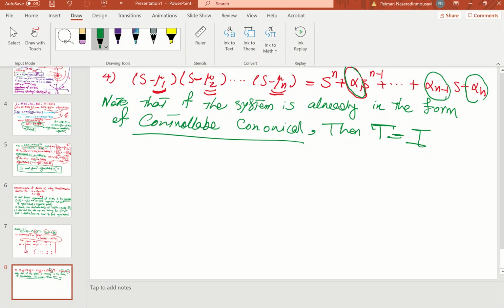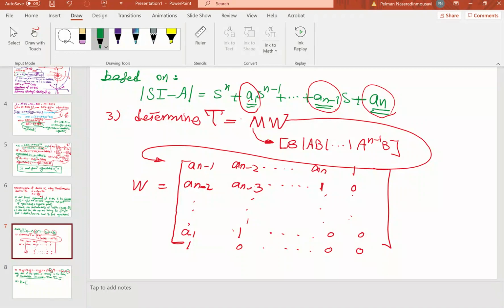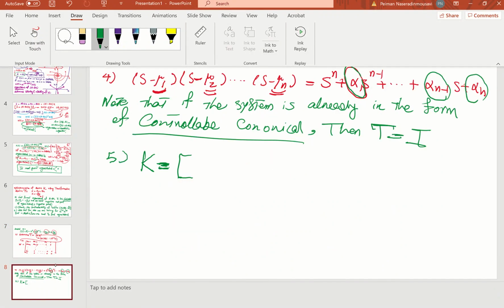Okay, and the gain matrix is calculated based on, look at here guys, a1 is a1, an, alpha 1 is alpha n.